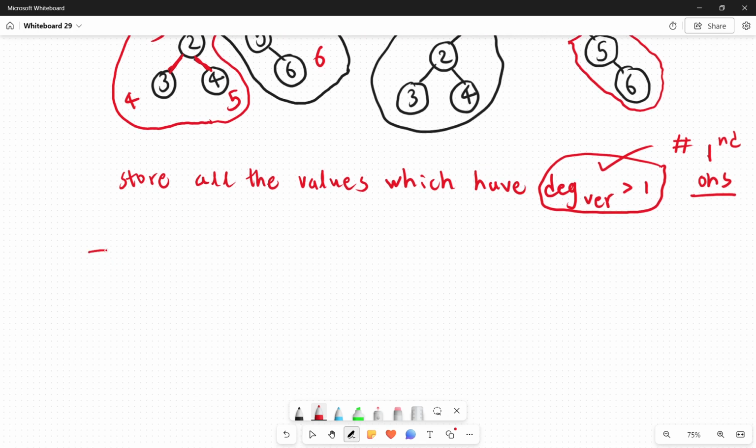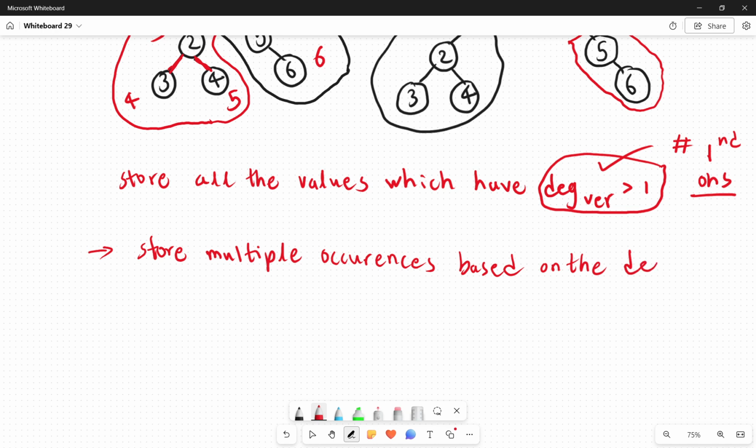And secondly, I will store the multiple occurrences of them. How many multiple? The degree of it. So store multiple occurrences based upon the degree of that value. This comes from the second observation.